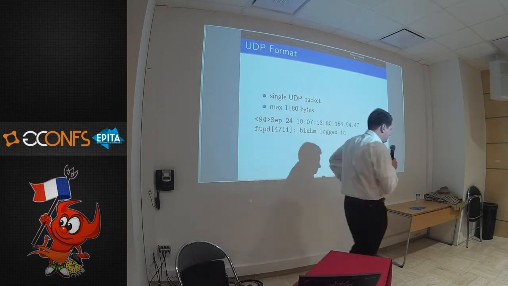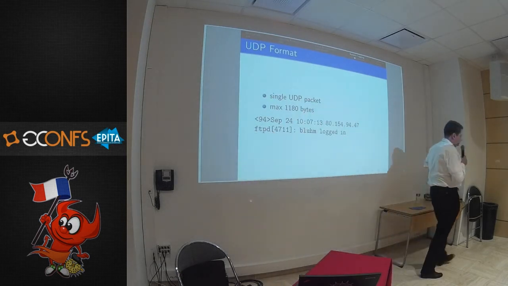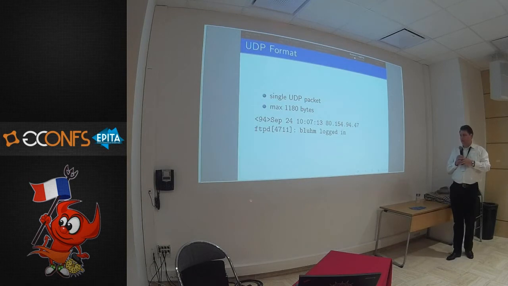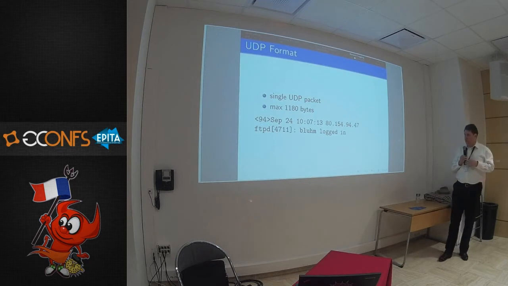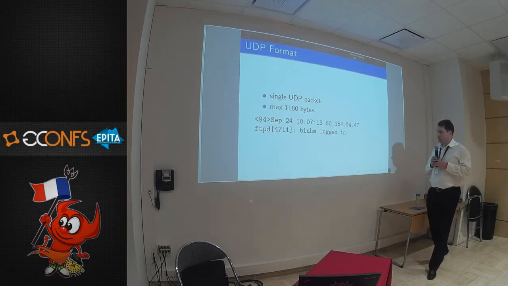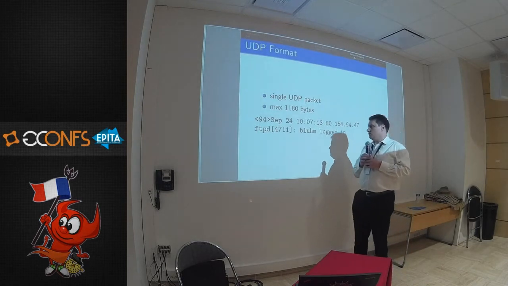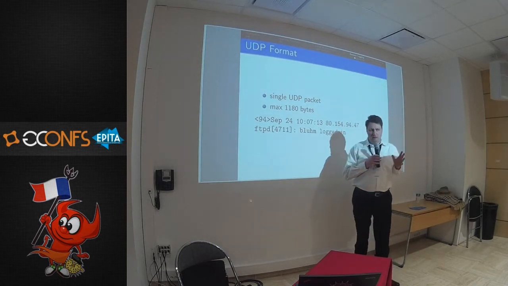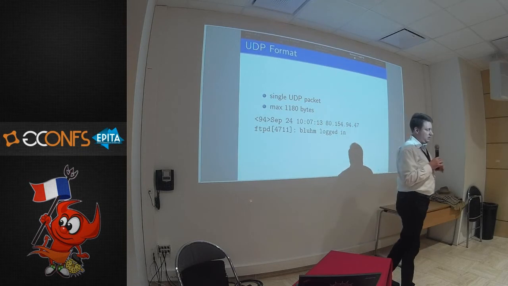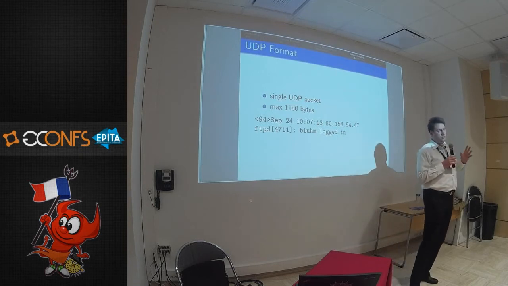So how does UDP logging look like? We have a single UDP packet, and that contains a log message. And that's it. Then we have some RFCs talking about the size. We have old RFCs that say, it should not be more than 1,000. And then we have others who say, yeah, perhaps we should process 2,000.